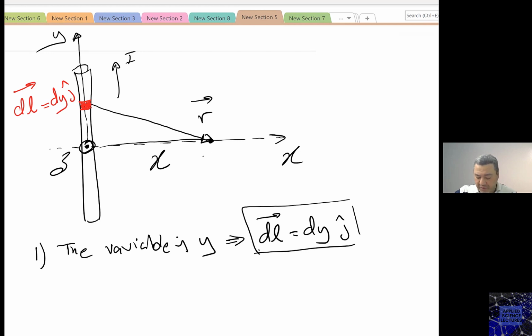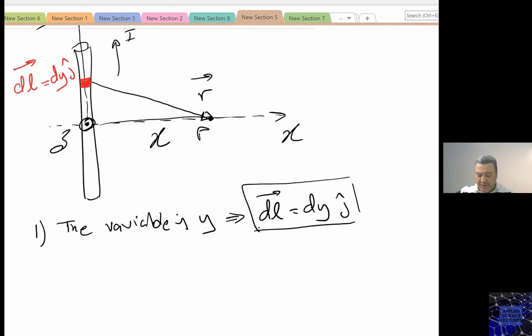Let me call this one P. So here I have my vector r. If this one is y, my vector r is made of two vectors. Number two, y minus j hat plus x i hat.